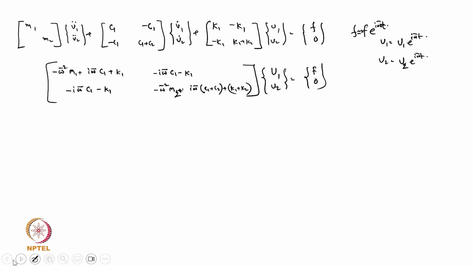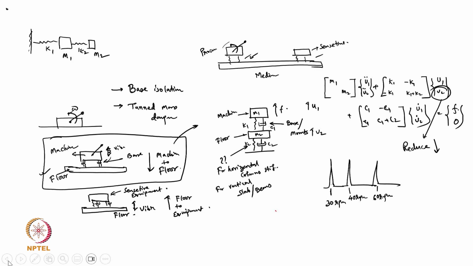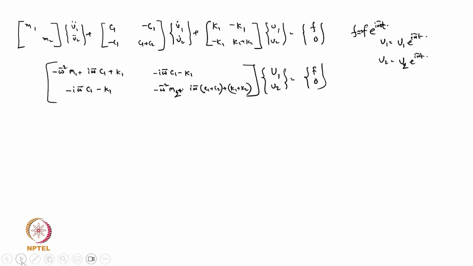Reduce U2. I would like to reduce the U2. So first I have to calculate what the value of U2 is. Agreed? Okay, so how can we calculate the value of U2? Simple way you can do it.